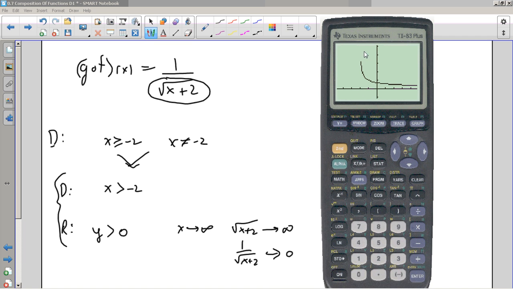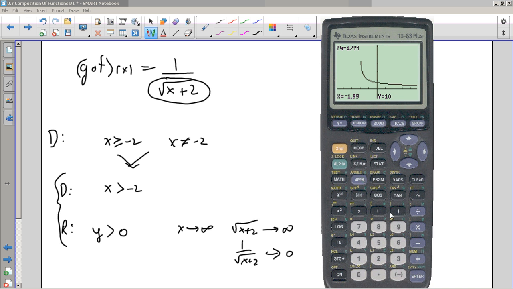So a perfectly acceptable way to do this would be to graph it and then just see what's happening. In fact, I see it's 3.16, but if I put in a value of -1.99, x is getting close to -2, then I get an output. It says 10.